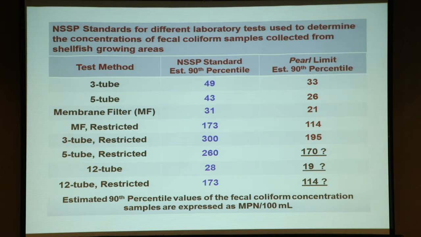As shown are calculations for the 3 tests and 5 tests, membrane filter tests, restricted values for the 3 and 5 tests. The values appearing with question marks will be verified as agency data sets become available.